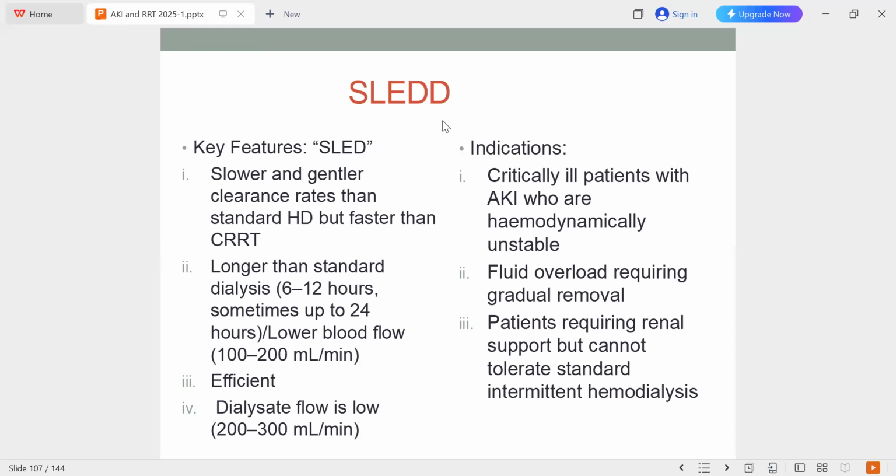L, it also uses lower blood flow, about 100 to 200 ml per minute. E, it's efficient, and the dialysate flow is also low, between 200 to 300 instead of 300 to 500 ml per minute. It's indicated in critically ill patients with AKI who are hemodynamically unstable, for fluid overload requiring gradual removal, and for patients who require renal support but cannot tolerate standard IHD.